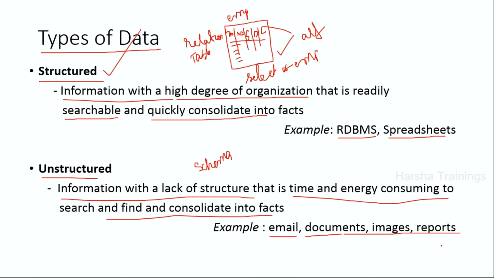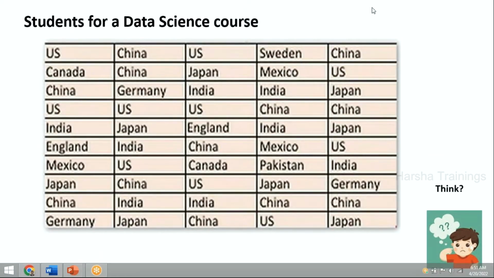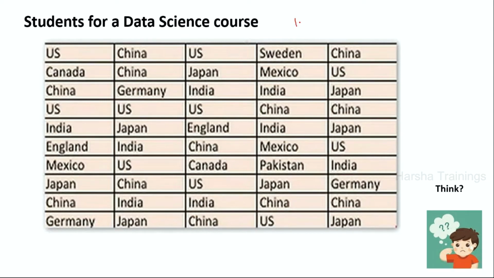Can you please tell me, is it okay about what is data and what are the different kinds of data? Now, shall I take a small case study, and can you please tell me what kind of data set I'm showing here? Just think twice and tell me, is it quantitative data or qualitative data?